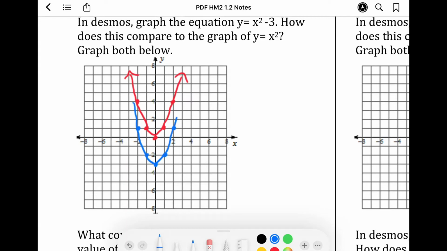There you go, and you can obviously use your ordered pairs to do this from the graph. Now, how did we shift from the red to the blue? Hopefully you can tell. We shifted down 3.